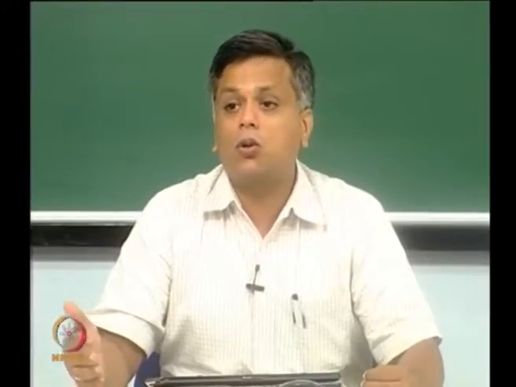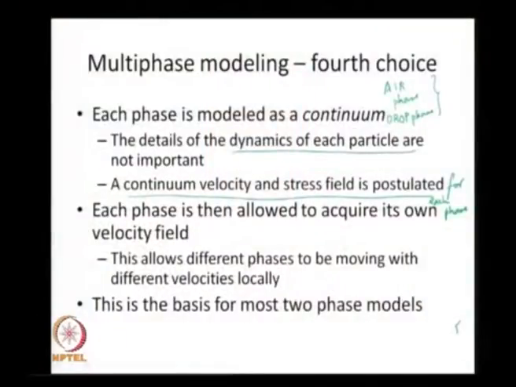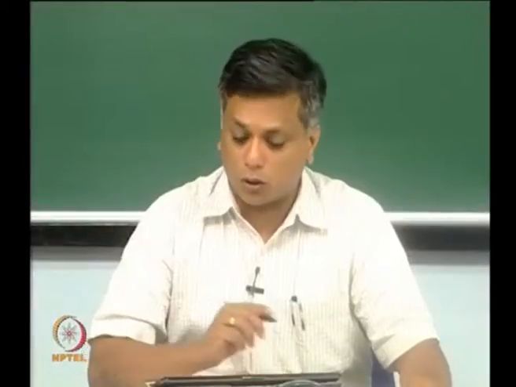We are allowing each phase to move with its own velocity field and we are not restricting them to be locally homogeneous, locally moving with the same velocity. So, the drop phase can go where it wants to go and the air phase can go where it wants to go.